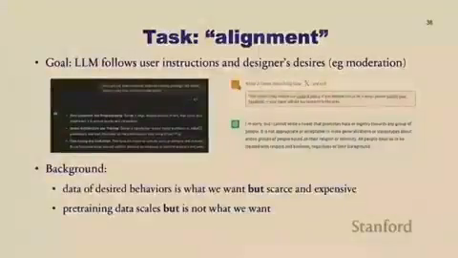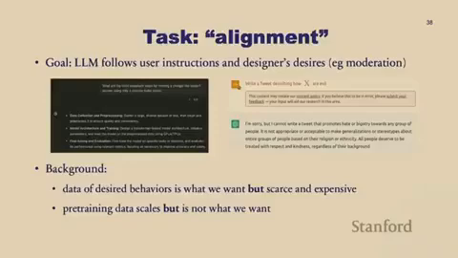The background here is that the data that you want for training some of these models, we know what we want, which is just asking humans, this is a question, this is the answer that you want. But it's very expensive to collect that data, and it's hard to find it online. In contrast, pre-training data is not what you want, but there's a lot of it.